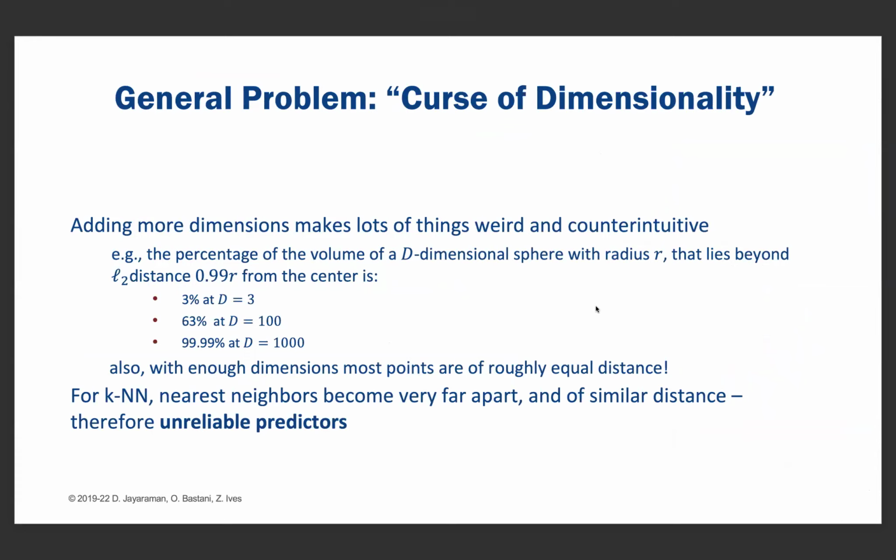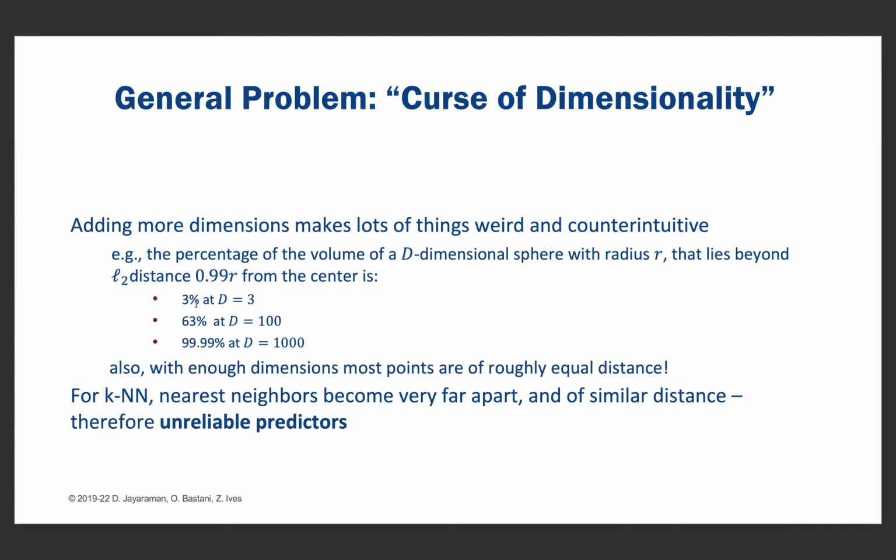When we're dealing with very multidimensional data, a lot of our intuition about two-dimensional flat things or volume things does not work. For example, if we consider a sphere in d dimensions of radius r, and we calculate how much of that sphere is lying beyond 0.99 r, so how much is the volume of this little shell or sliver from 0.99 r to r, compared to all the rest.